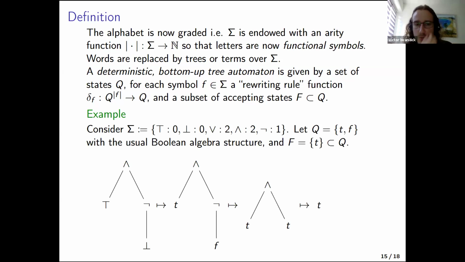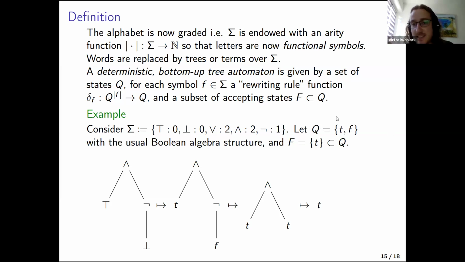trees using tree automata. So as an alphabet, take the signature of Boolean algebra theory. So you have true, false, both constants, nullary symbols, or, and a negation. Then take as tree automaton basically the two-element Boolean algebra.